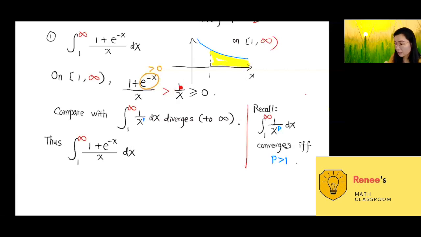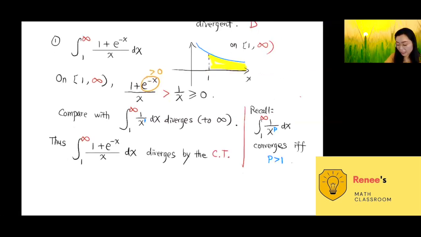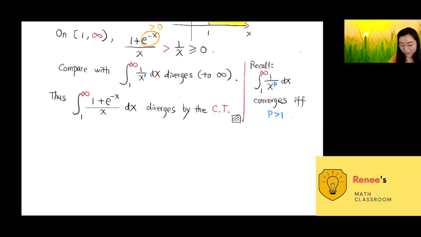So if the integral of this lower function is divergent to infinity, then the integral of this top function will be divergent and diverge to infinity also by the comparison test. So we have just proved this. This improper integral here is divergent.